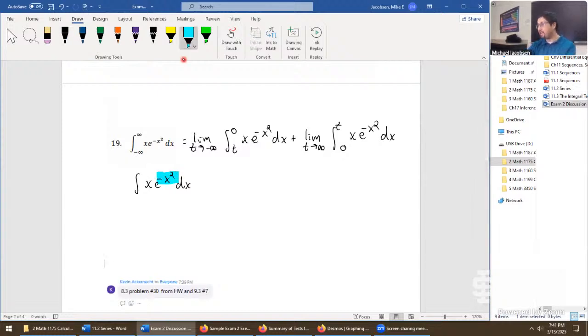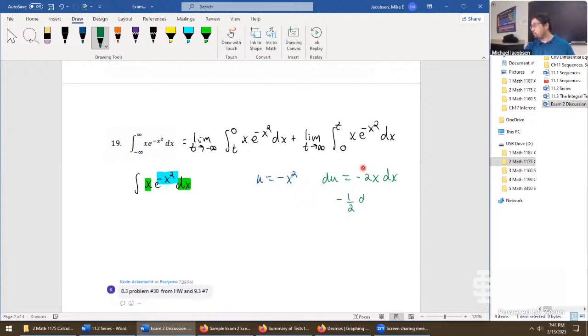Let's make all of that our u. So u is negative x squared. du would be negative 2x dx. We've got the x and the dx, so this suggests dividing by negative 2. Negative 1/2 du is x dx.